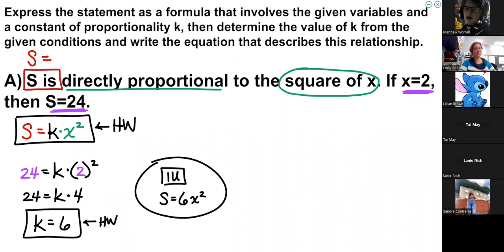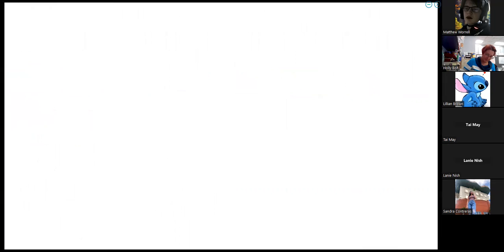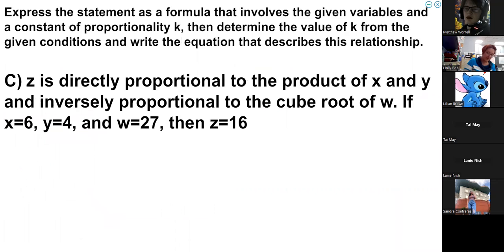All right. So I want to look at one more with you, one that has inverse proportionality. So here it starts off with Z is. So I have Z equals. Go ahead and write that down here. I need my constant of proportionality.